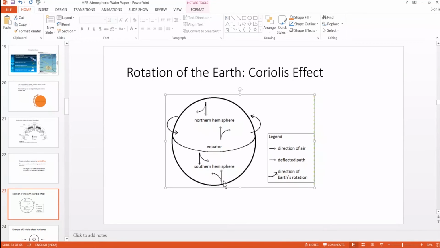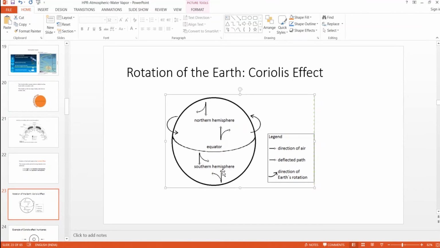Here in the southern hemisphere, wind is blowing from south to north, but due to this linear velocity change, it curves to the left side. Similarly, when wind blows from the equator towards the poles in the southern hemisphere, it goes on the left side.